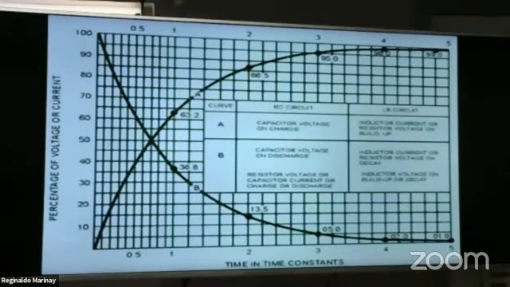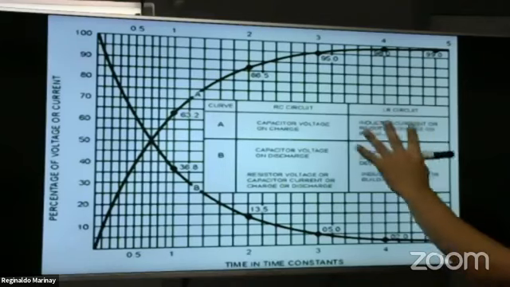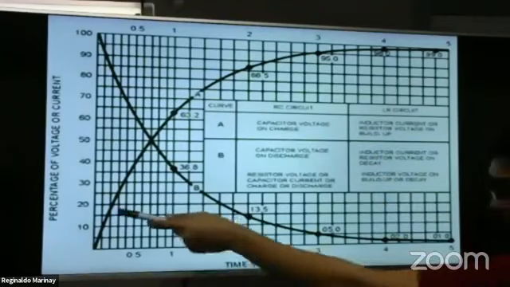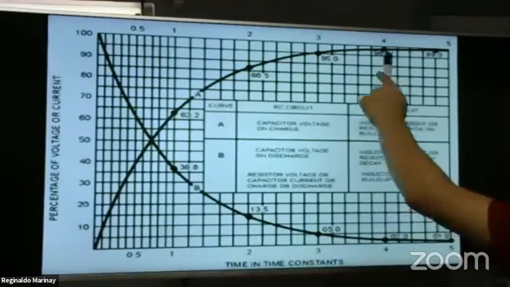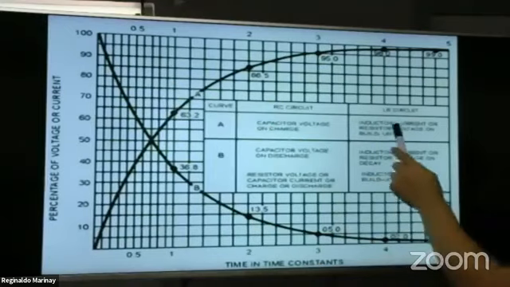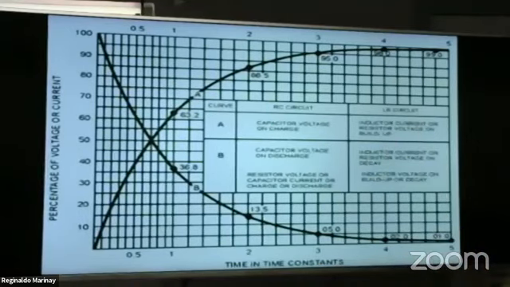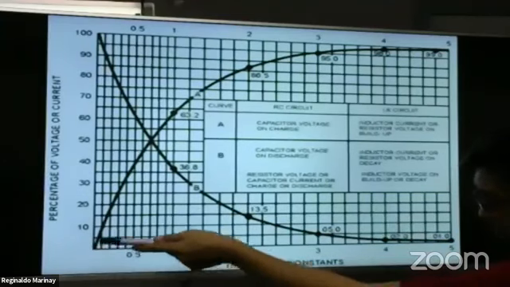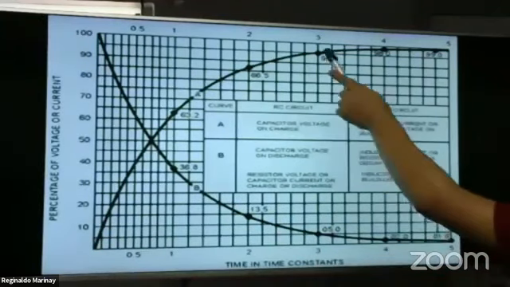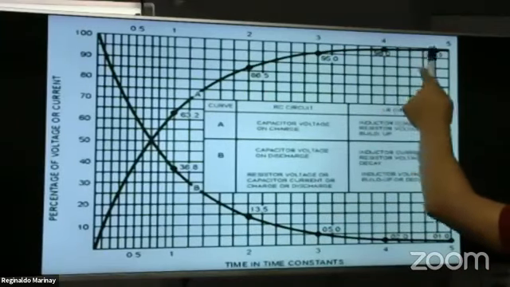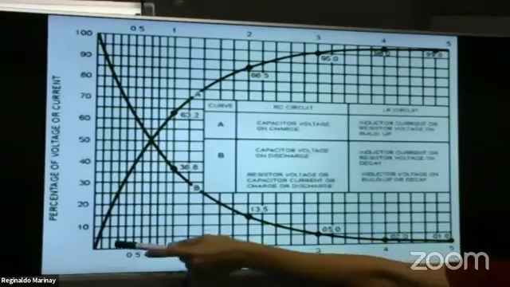Okay, so let us have a review. Please focus a little here. So this is the RL circuit. This is curve A, this one. This is curve B. Curve A is the inductor current or resistor voltage on the build-up process. Initially, the inductor current or the resistor voltage builds up.